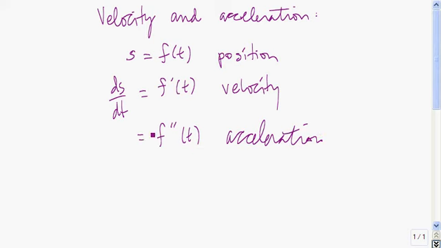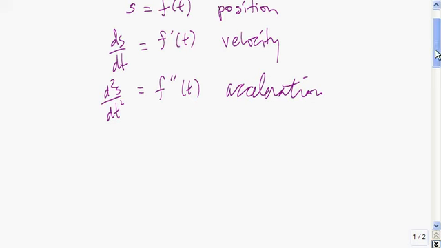Okay, so in other words, if s is position, then ds dt is the velocity, and d2s dt squared, the second derivative of s with respect to time, gives us the acceleration. So the hierarchy again is we have position, the first derivative of that is velocity, the derivative of that is acceleration. All right, let's do an example where we find these different functions.